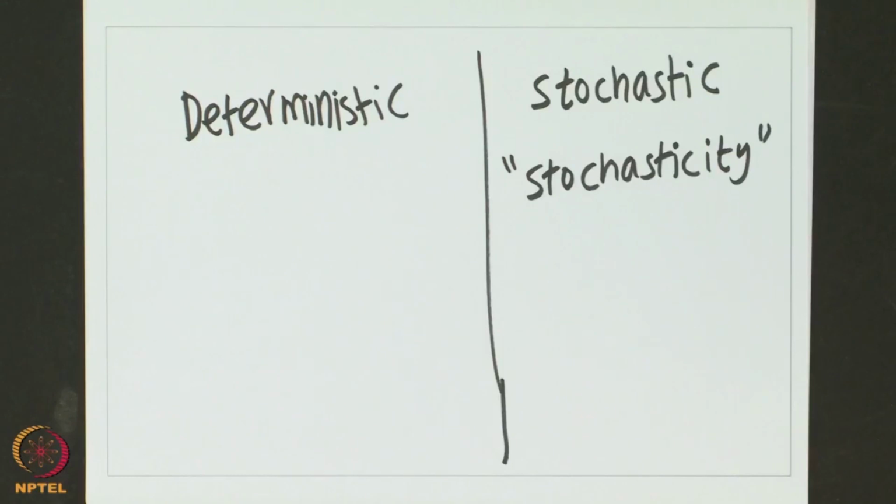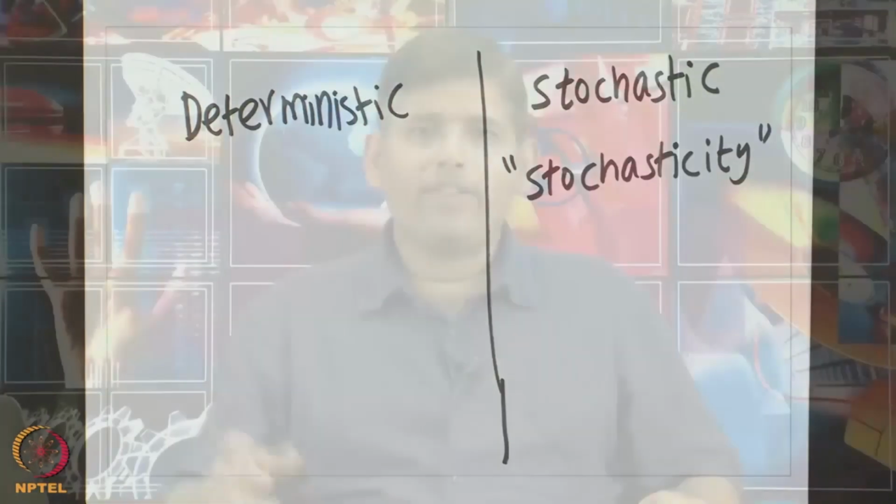So, in the world around us, if I take a cricket ball or a football or a heavy iron ball, and drop it and ask the question, how long will it take for that ball to reach the ground? If I leave it from 1 meter height, how long will it take to reach the ground 1 meter down?